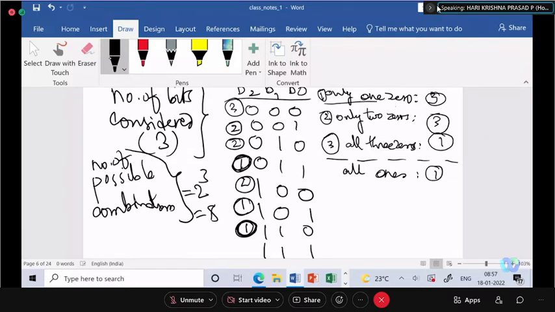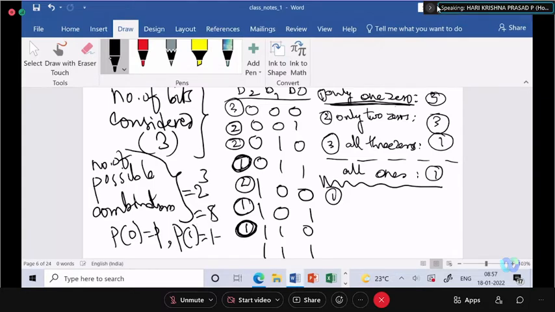When I consider the case 1, how many zeros do happen? Only one 0. Probability of occurrence of that 0 is represented by small p. Probability of occurrence of 1 is represented by 1 minus p. Now, since 0 is happening only once, what is the probability of that sequence? Probability of occurrence of 0. The other two occurrences are 1 minus p.